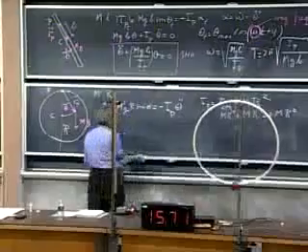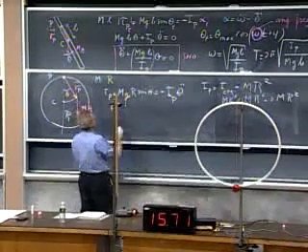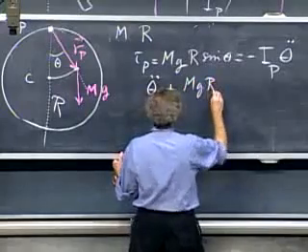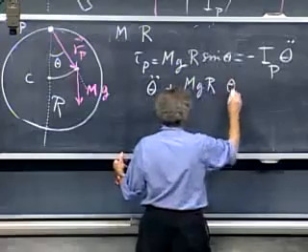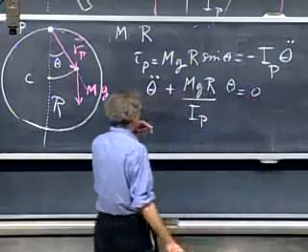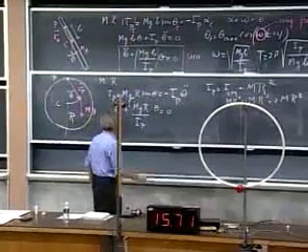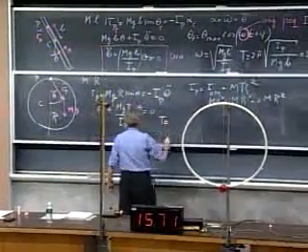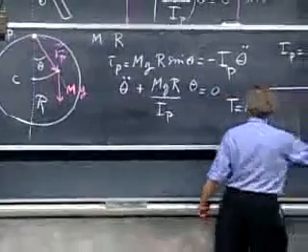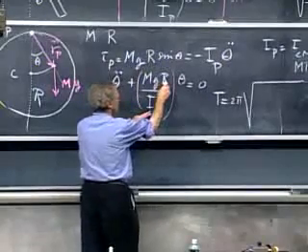So we bring this to one side. So we're going to get theta double dot plus mgr, we make this theta, small angle approximation, divided by IP equals 0. Simple harmonic oscillation in theta with exactly that same solution. But now we get as a period 2 pi times the square root of IP divided by mgr.